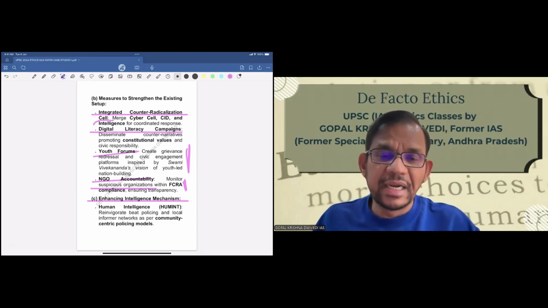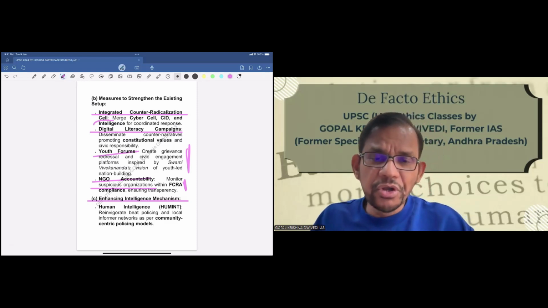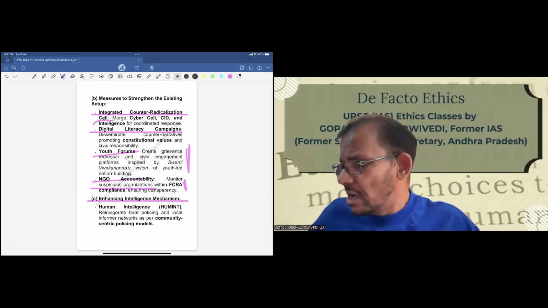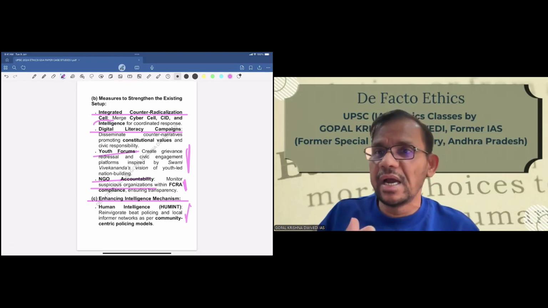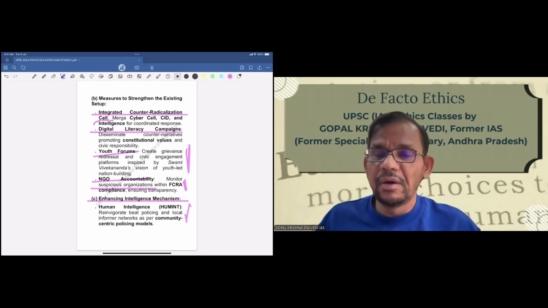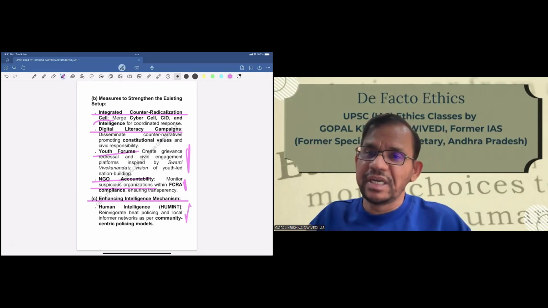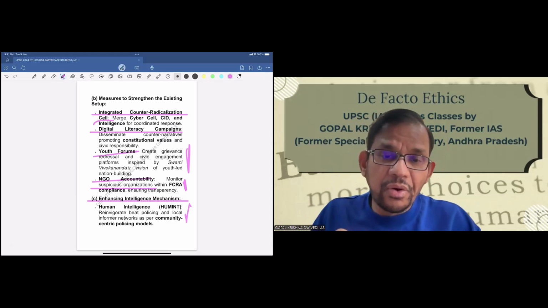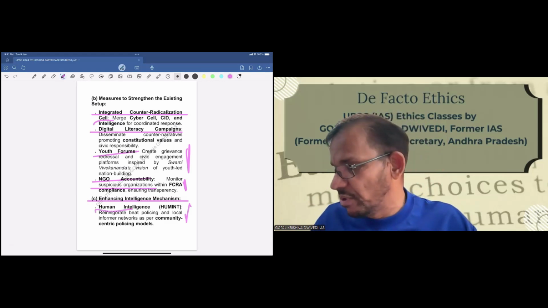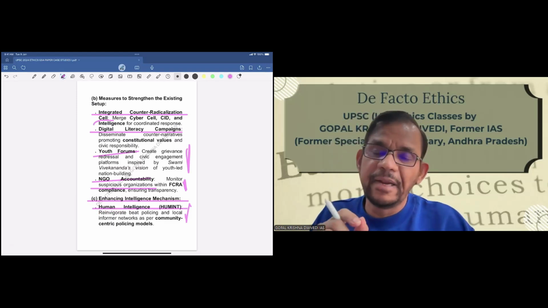Now, first is the human intelligence unit. Human intelligence: reinvigorate beat policing and local informer networks as per community-centric policing. Some of you may know that police have informers from the community, and the local beat constables also act as a very good liaison between the community and the higher-up officials. So human intelligence has to be emphasized here because that is a more accurate kind of information.